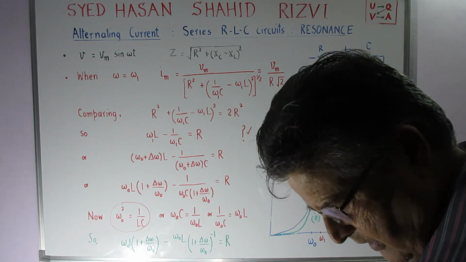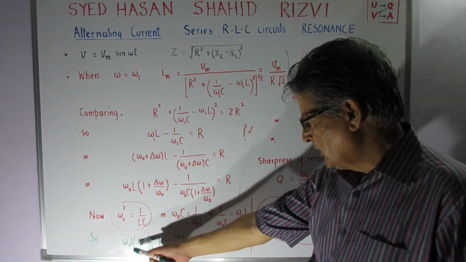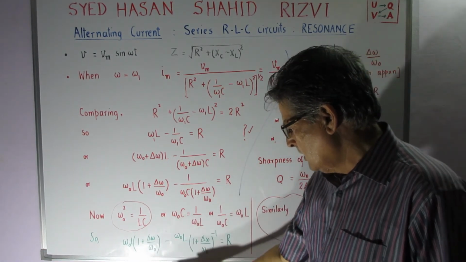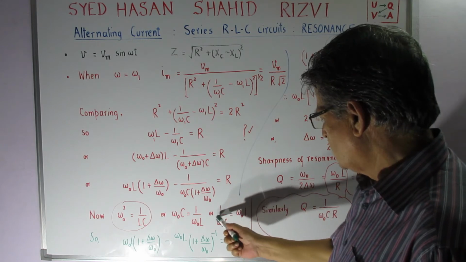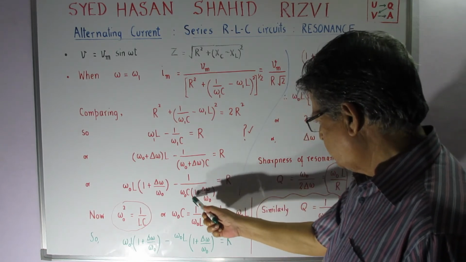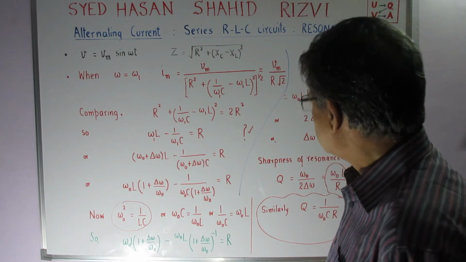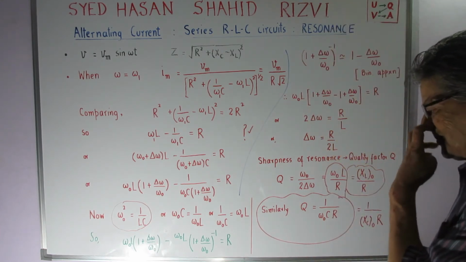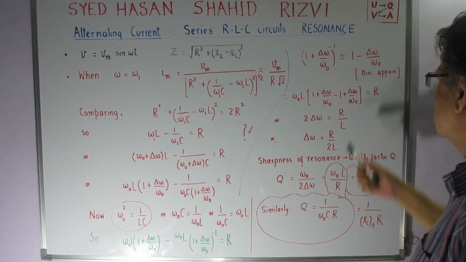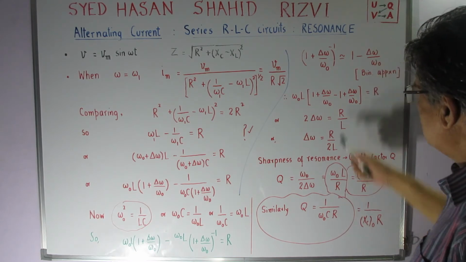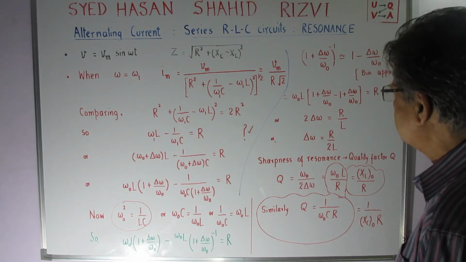So we did write that omega naught L times 1 plus delta omega over omega naught minus omega naught L. Now this is because 1 upon omega naught C is taken as omega naught L, and this expression over here is taken as 1 plus delta omega upon omega naught raised to the power of minus 1, is equal to R. Now I expand it binomially, take the linear approximation, and all higher order terms are ignored because delta omega upon omega naught is very small, normally small.